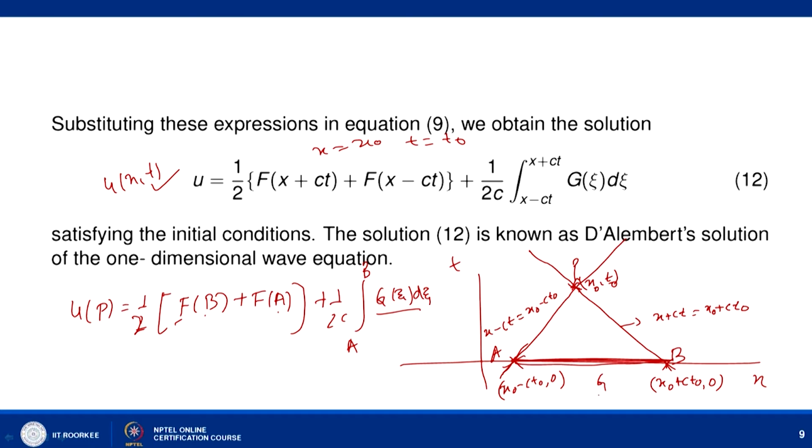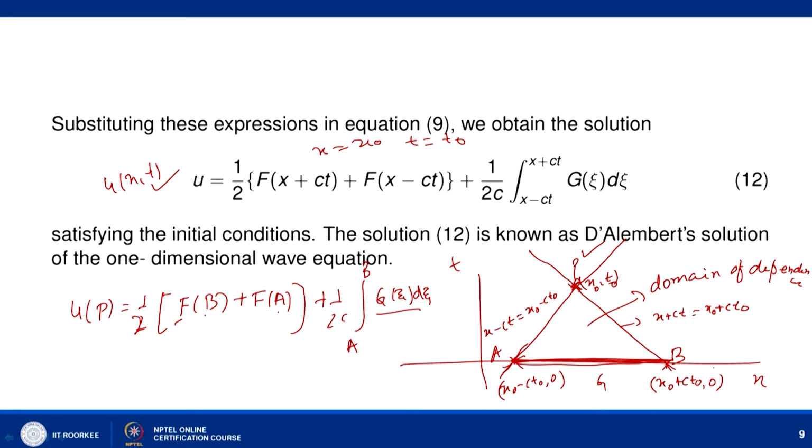So, we say that any point gives you a region, right, and it is the line AB on which your solution at point P depends, and we call this domain the domain of dependence. So, it means that if you take any point P, then the solution will depend on the data of f and g given on this line AB and the endpoints of AB.